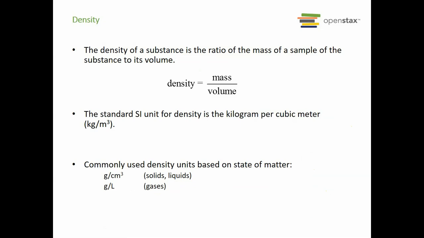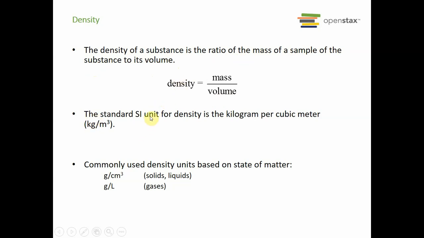Now, the density of a substance is the ratio of the mass of a sample of the substance to its volume. Of course, if you double the mass of the substance, you'll double its volume, and therefore the density remains the same.